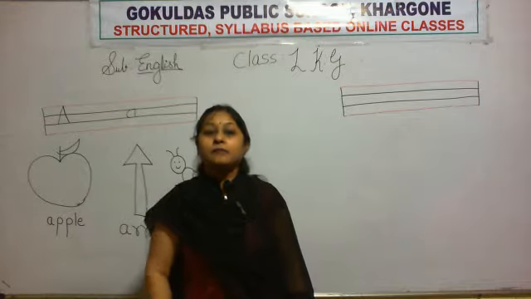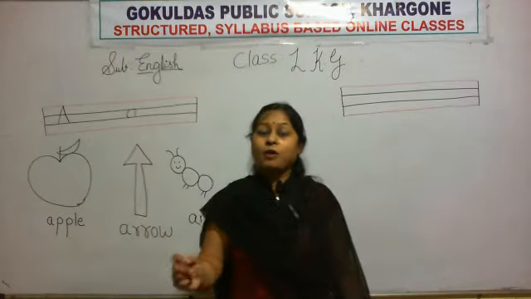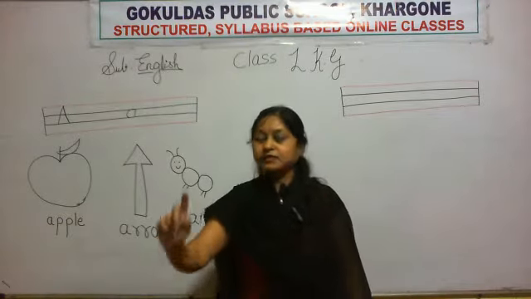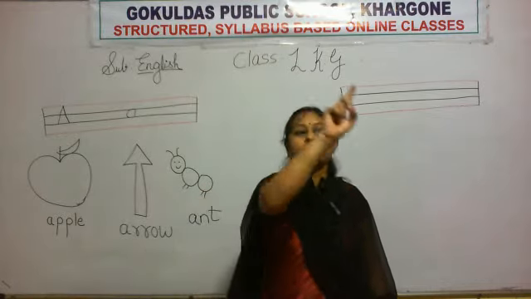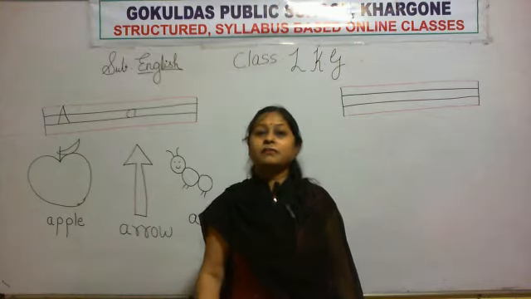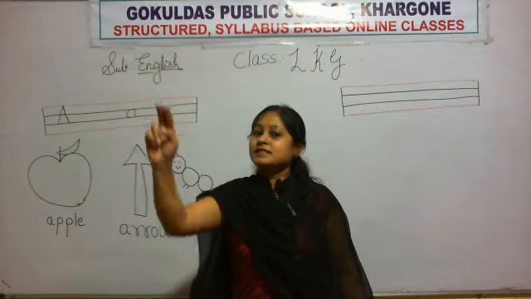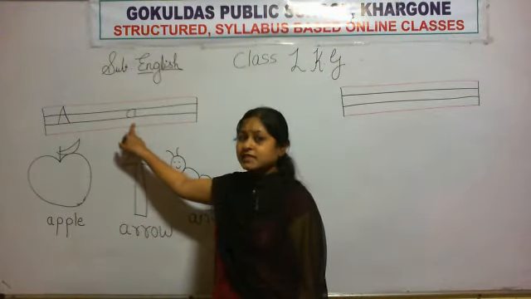Make like this. Make baby A. How you will make baby A? Half curve, standing line. Okay. What is this?